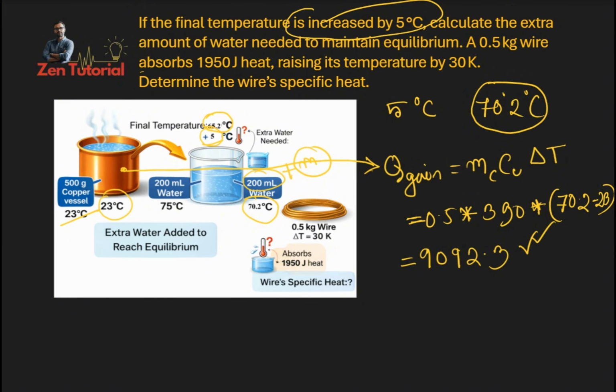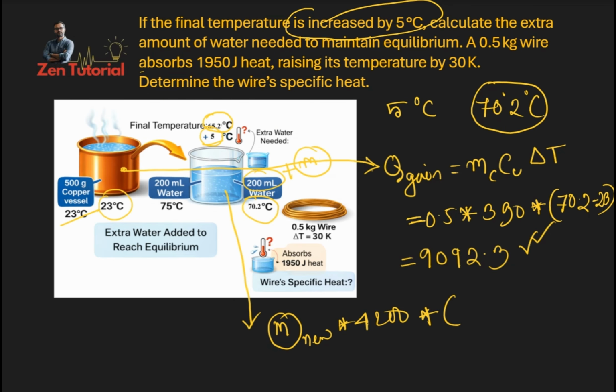Now heat lost by the water, that is again m. And by the way, this time we have to use the new mass, m new, times 4200, and the temperature difference.